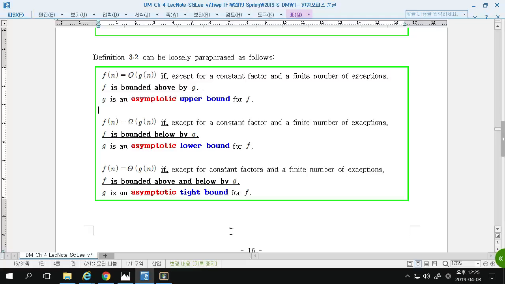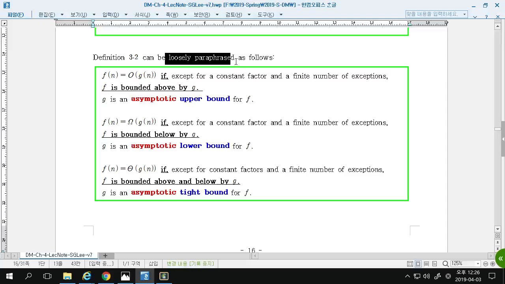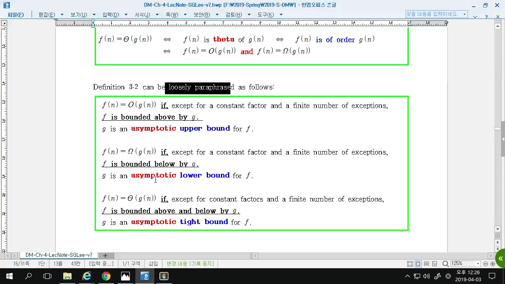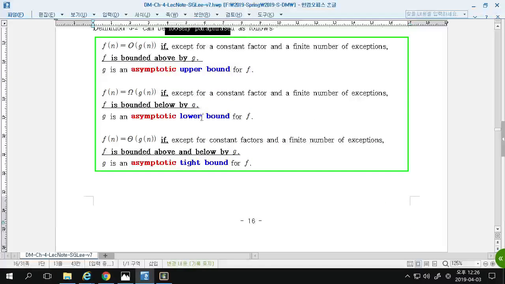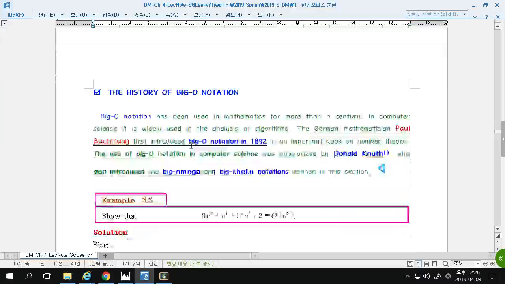And if f is bounded above and below by the same function g, then we call g an asymptotic tight bound for f. This is the loosely paraphrased definition of those three notations: big O, omega, and theta. Upper bound, lower bound, and tight bound, asymptotically.